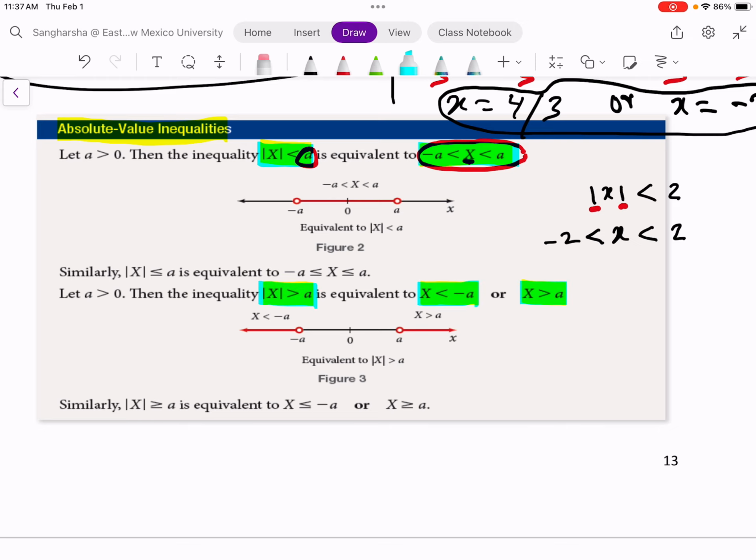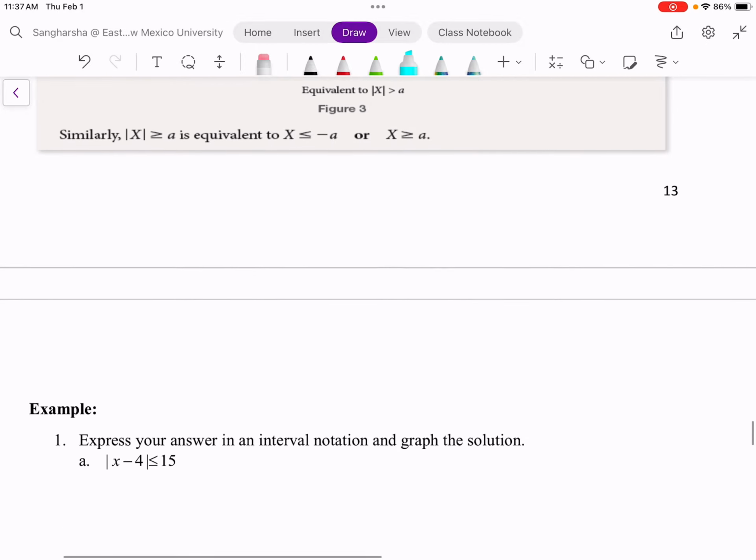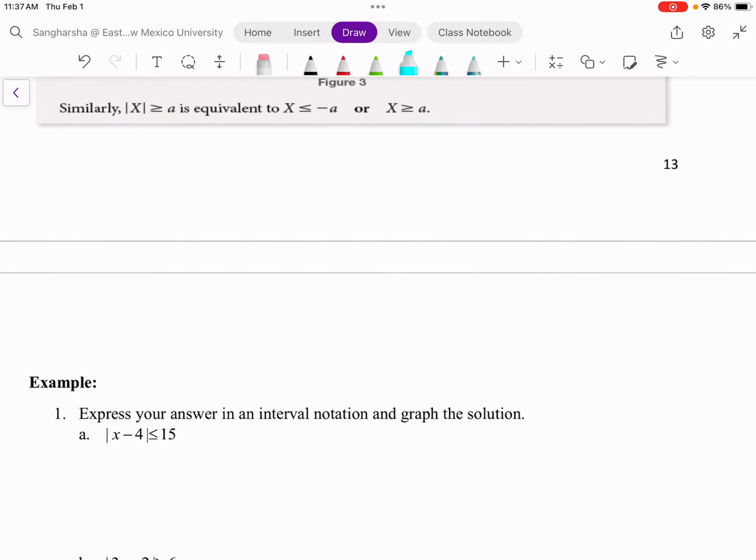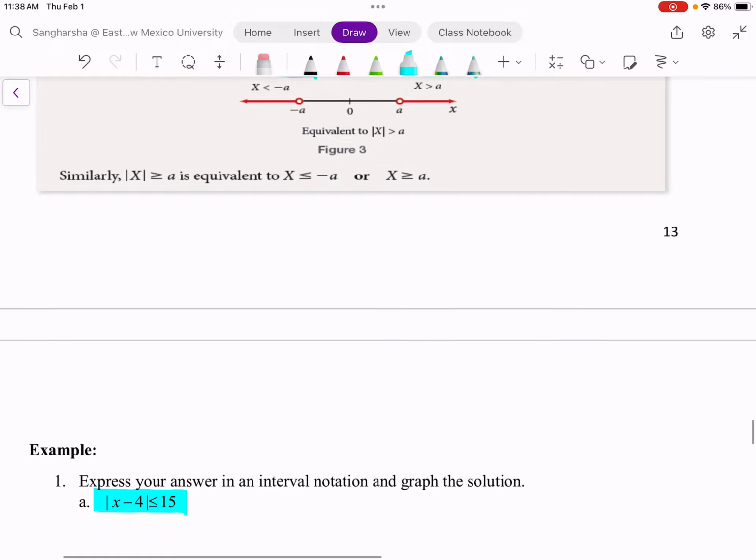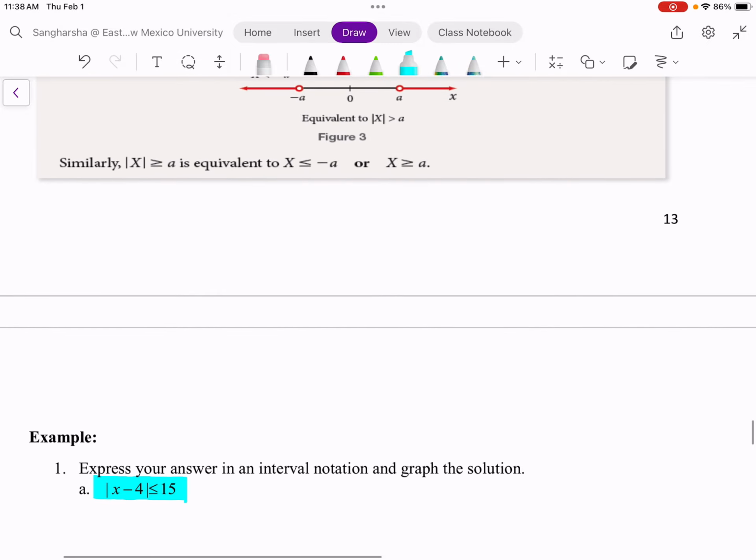Now let's go to our example. Here our example is absolute value of x minus 4 is less than or equals to 15. Now which definition do we use? Just let me write down here. Our first definition is, if you have absolute value of x less than a, then this is equivalent to x greater than negative a and less than a.